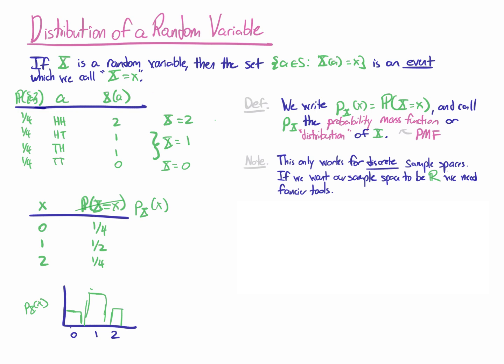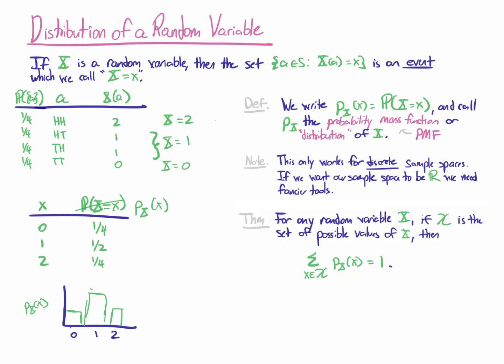One final note here, just to tie things a bit in a bow before we move on, is that if you look at this table of values here, you'll notice, okay, well, it's a probability of events. These events partition the sample space. And so that means the probabilities must all add up to 1. And indeed, this is true if we express this in the language of our probability mass function.